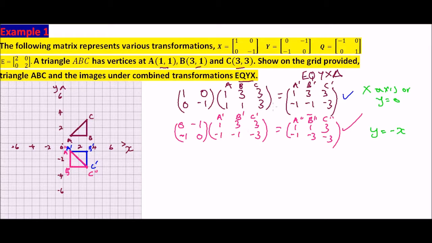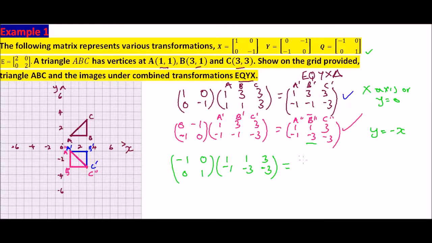Now we go to the third one, which is Q, our Q here. So we are going to write a matrix Q, which is minus 1, 0, 0, 1. We multiply by what we have new here: 1, minus 1, 1, minus 3, 3, minus 3. When you multiply that, it will be 1 times minus 1 is minus 1, and this will be 0.